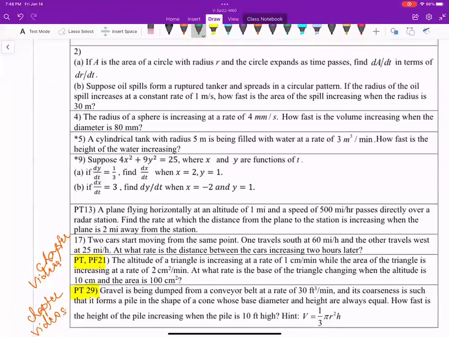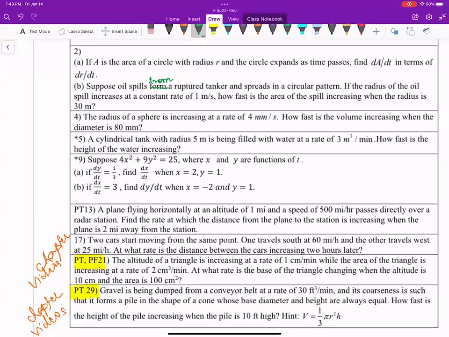So let's do number 2. If A is the area of a circle with radius r and the circle expands as time passes, find dA by dt in terms of dr by dt. B, oil spills from a ruptured tanker and spreads in a circular pattern.